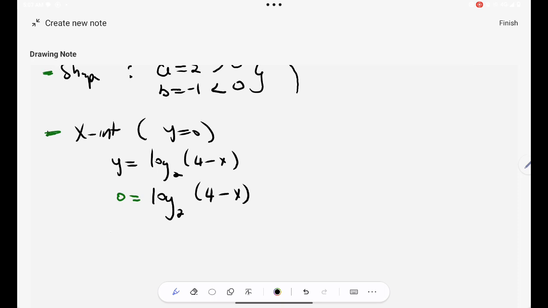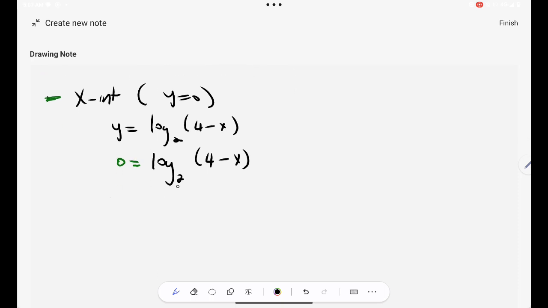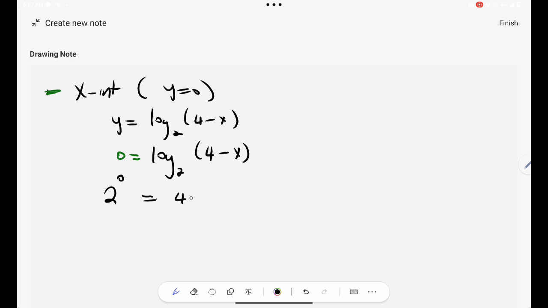For me to remove the log, I must take the base here and make it the base on the left hand side. Whatever was on the left hand side will be the exponent. So I'm left with 4 minus x. This thing is 1, 4 minus x. When I take x to the other side, I'll have a positive x, and I'll have 4 minus 1, which is 3. Are we together?